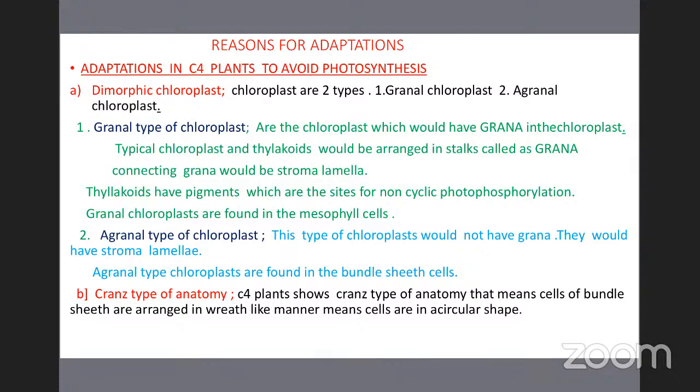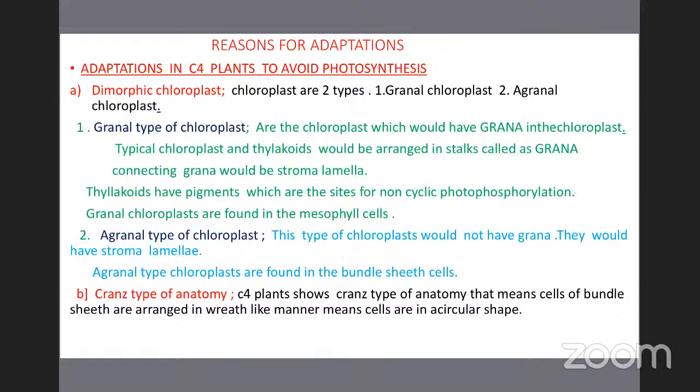In mesophyll cells we can find this granal type of chloroplast, which is similar to the normal chloroplast.